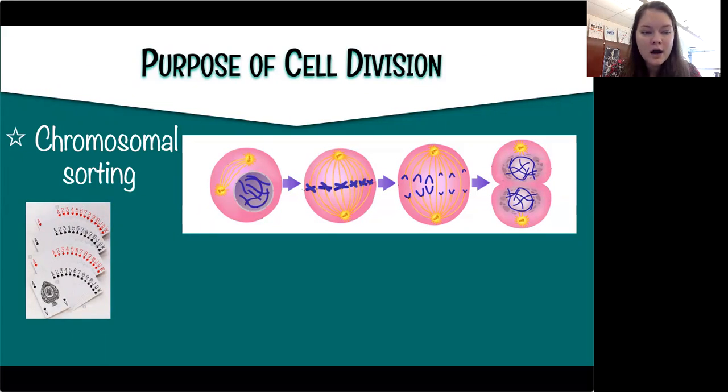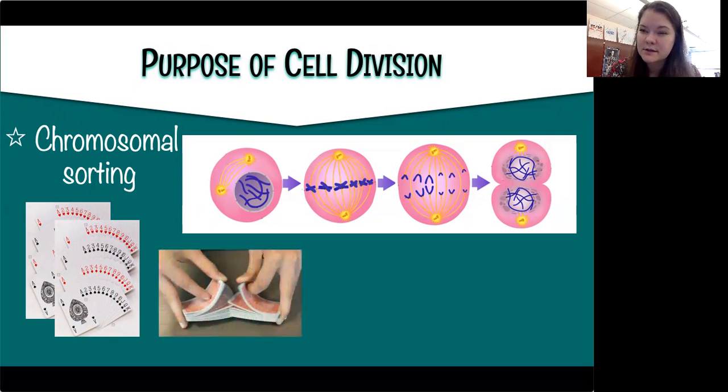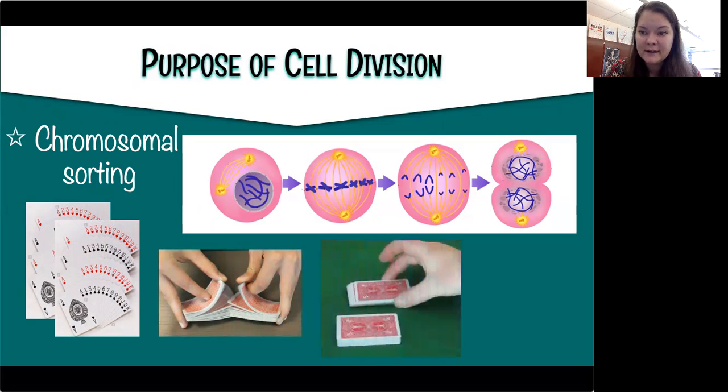And so those cards are going to double. That's happening when your cell is just doing its normal thing. Now, what happens if you shuffle those cards? If you shuffle them and then just do a break, odds are you are not going to end up with 2 complete sets of all the chromosomes that you need.